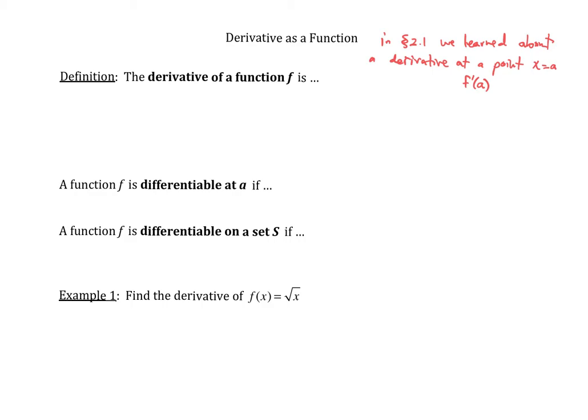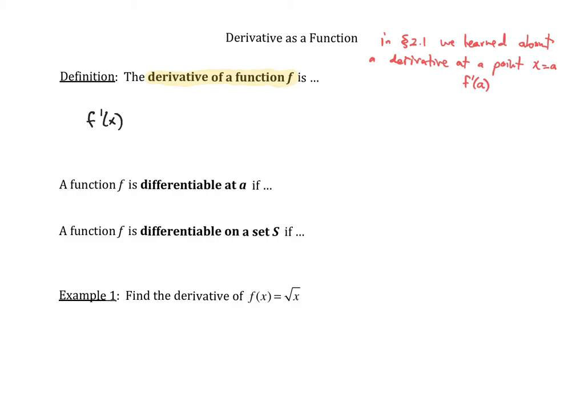Well, this time what we want to talk about is the derivative of a function. And the output of the derivative of a function is actually going to be a new function. So let's define what that new function is going to be. We're going to call our new function, the derivative function, f prime of x.